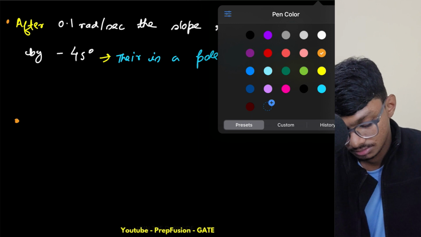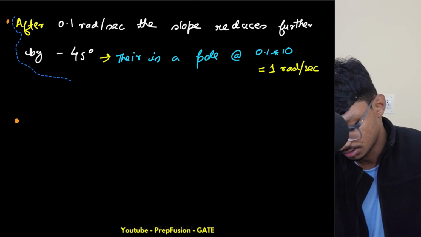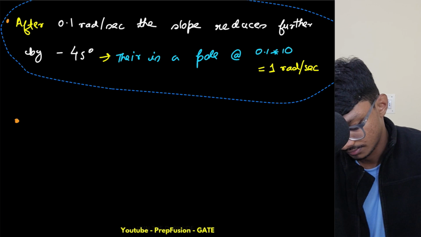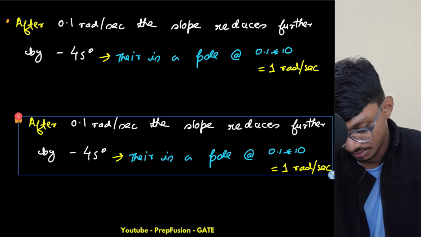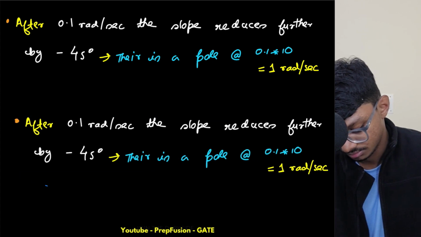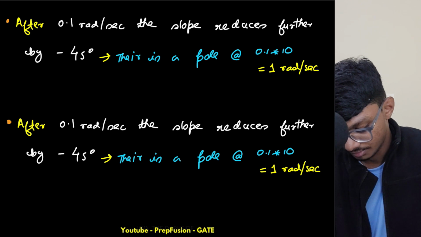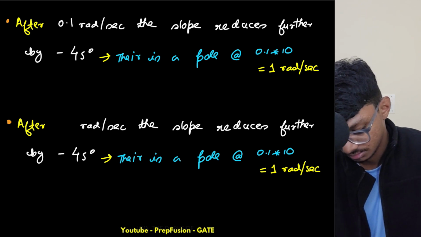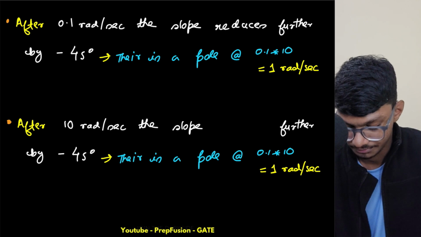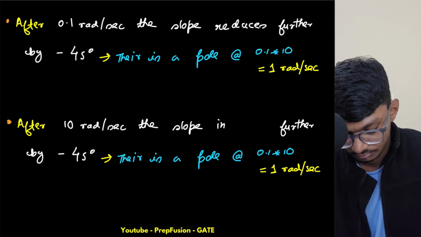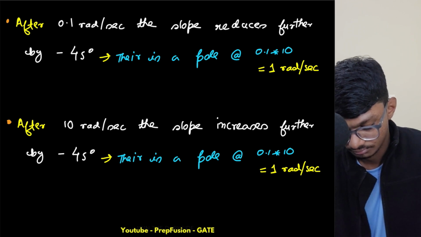Now this is the same thing. Just what we'll write is, after 10 radian per second, the slope increases further, by plus whatever degree per decade.